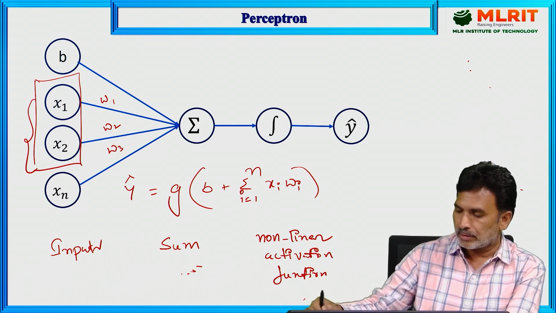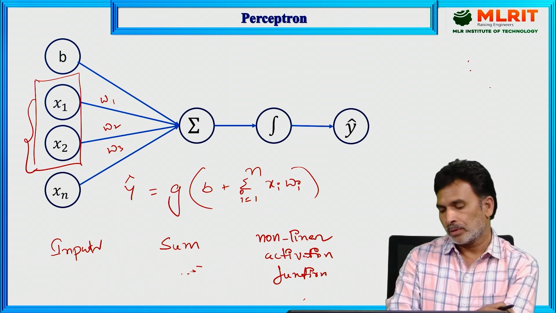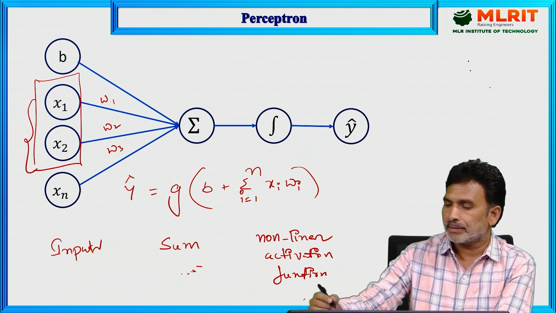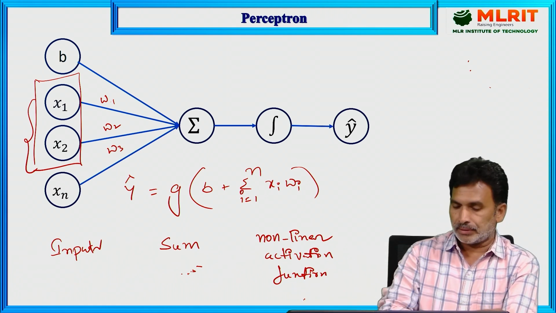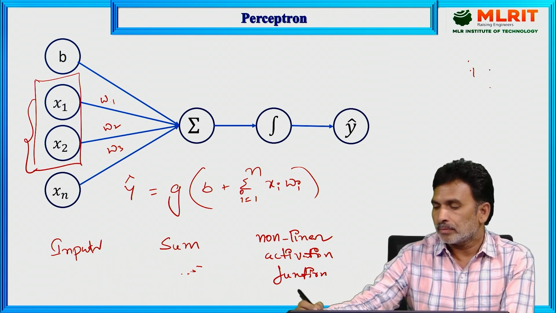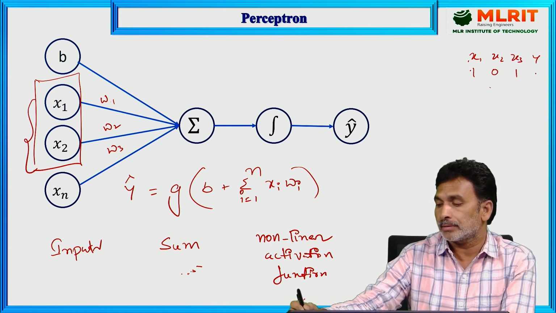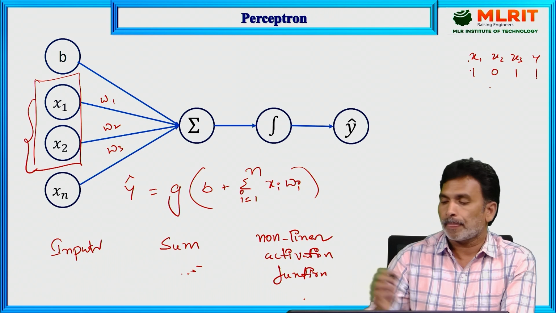And if you take the AND gate or any other logic gate, suppose let us say there is an instance or a sample like 1, x1, x2, x3, so there are 3 inputs and 1 output, 1 0 1. Let us say the output is 1.